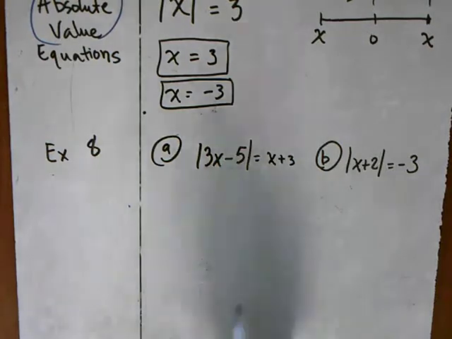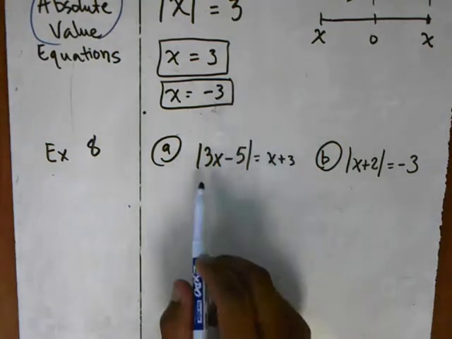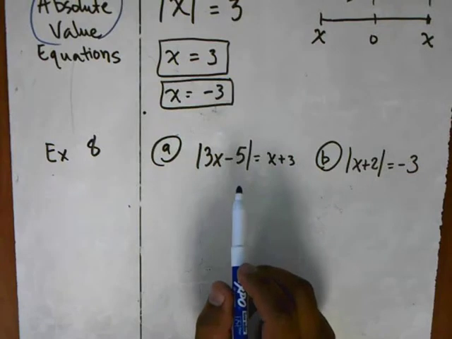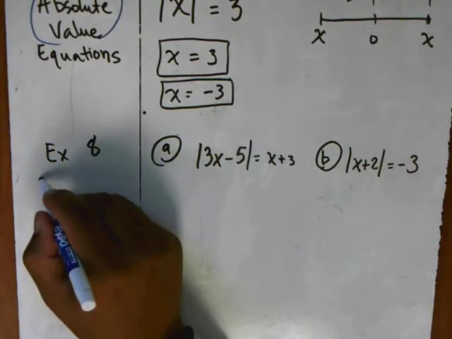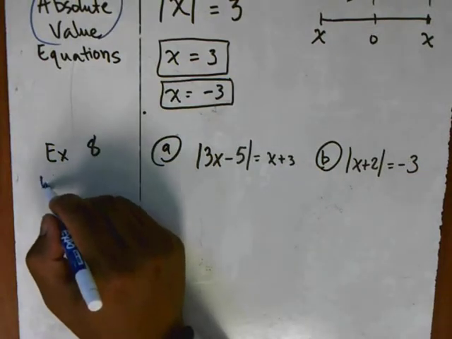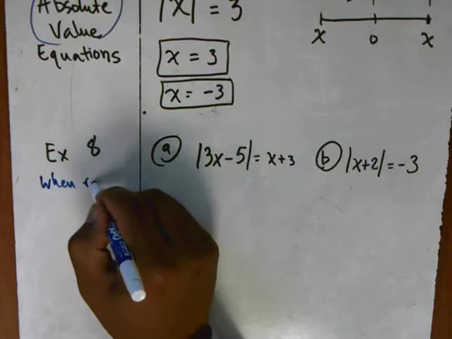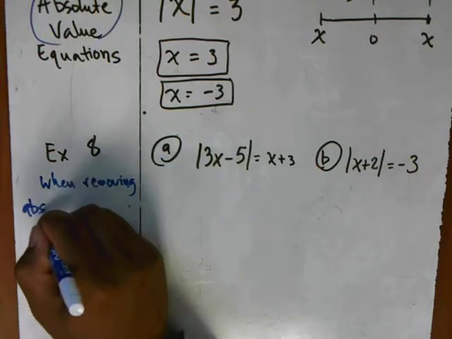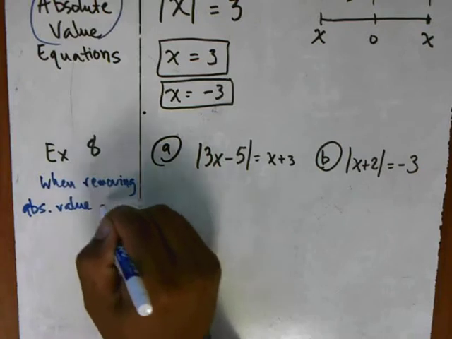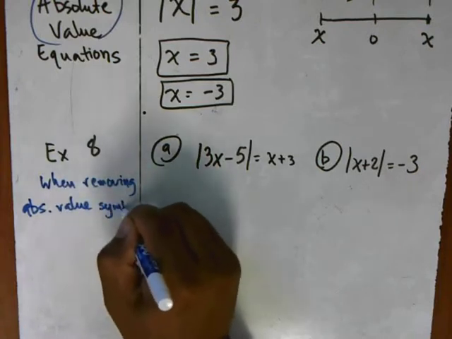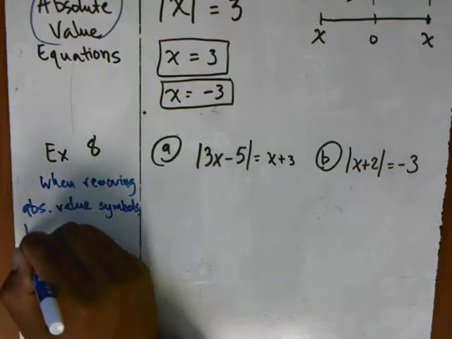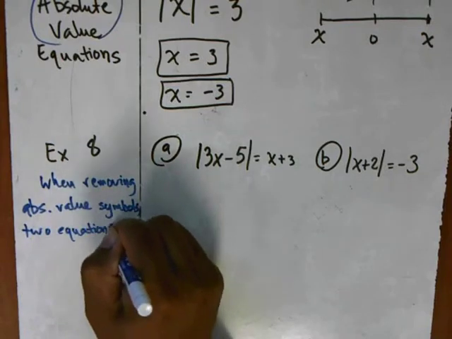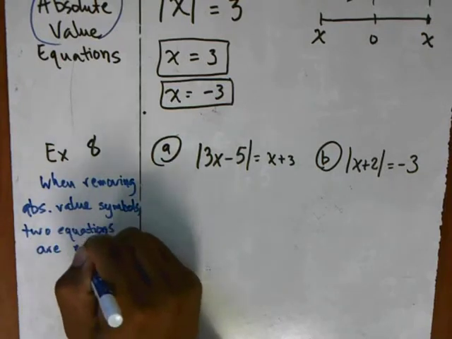Okay? So applying what we know from before, we can take away the absolute value symbol, but two equations are formed. Okay, so I'll write this on the left side here just so that we remember. So when removing absolute value symbols, two equations are needed.